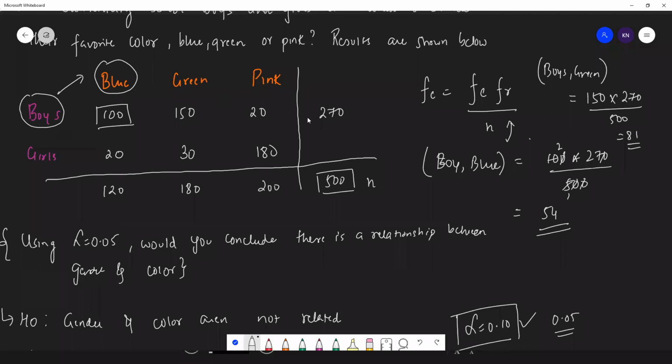Let's calculate for boys and pink. Boys and pink will be very simple. 20 multiplied by 270 divided by 500. 10.8. Perfect.